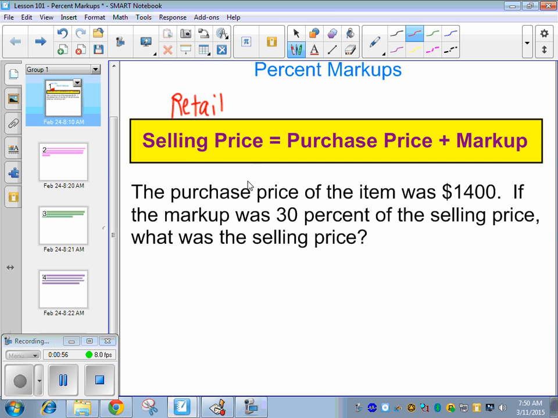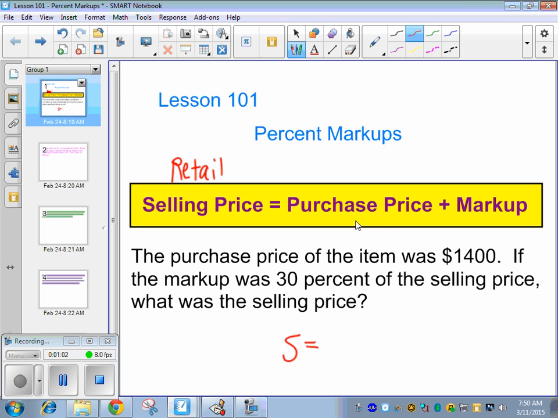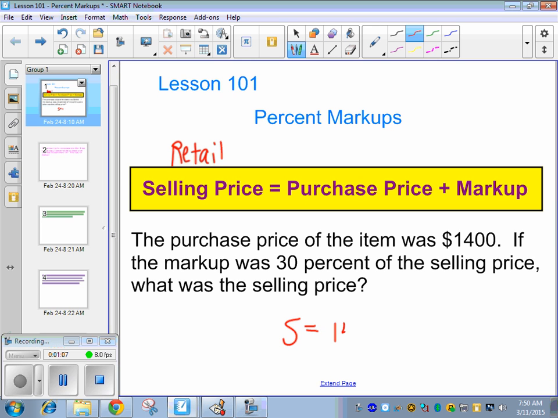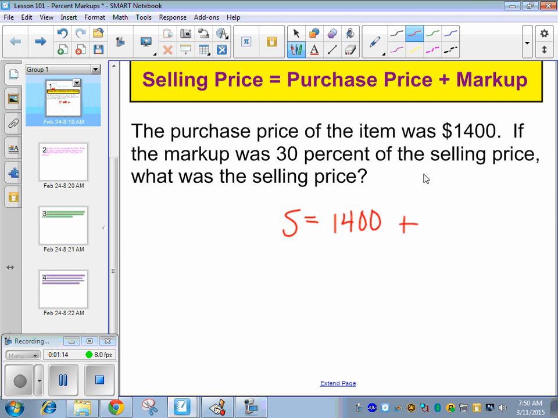So the selling price is equal to the purchase price, which is $1,400, and the markup was 30% of the selling price. So we're going to do 30% with the decimal of the selling price. We're replacing the markup with 30% of x, which we don't know, but we're going to find.